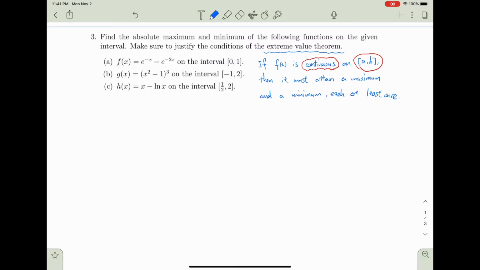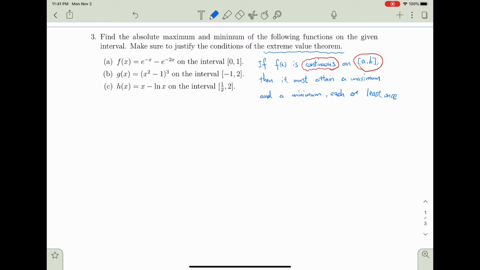We know that this is a difference of two exponential functions, and each exponential function is already known to be continuous, so the subtraction is also continuous. So f of x is continuous on this closed interval 0, 1, which satisfies the extreme value theorem.